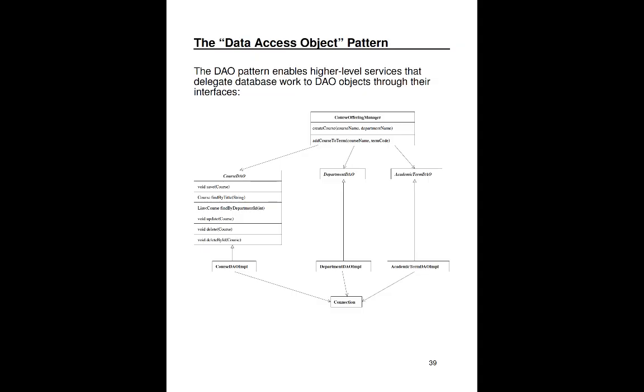So here is a diagram. This is not an entity relationship diagram. It's more of an object diagram that shows how multiple DAOs can work with each other to perform some application logic. So here again, you've got an object that manages course offerings in our course model.